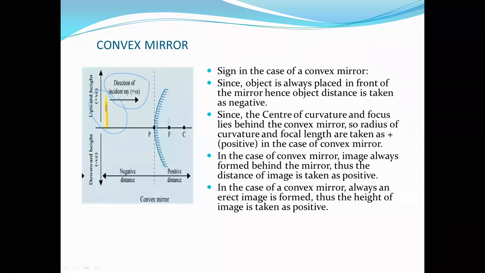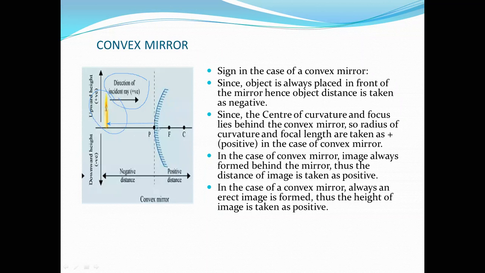We will measure the object distance from the pole in this direction. So anything opposite to the direction of light is negative. See, the direction of light is this, and we are measuring u in this direction, so u is taken as negative.